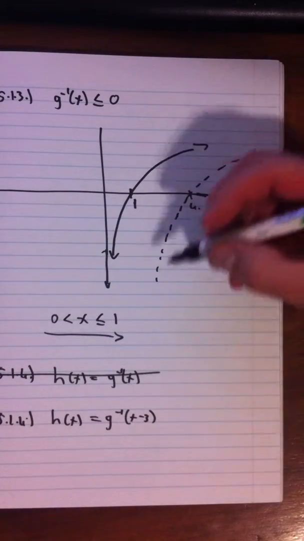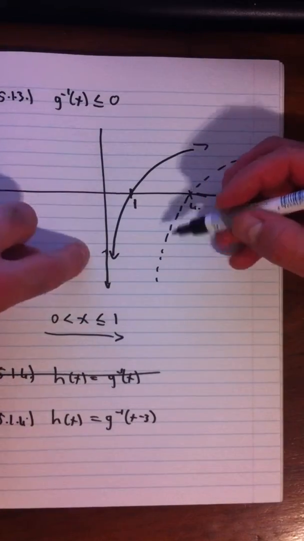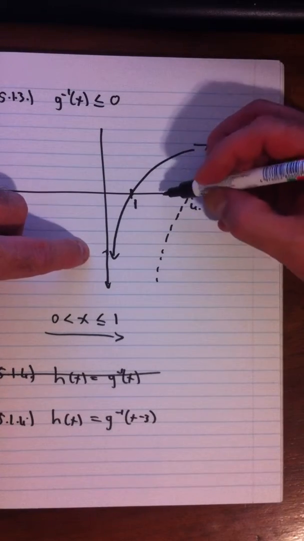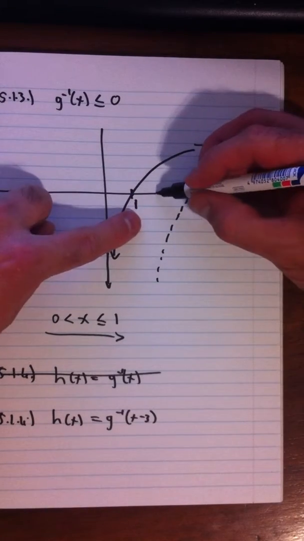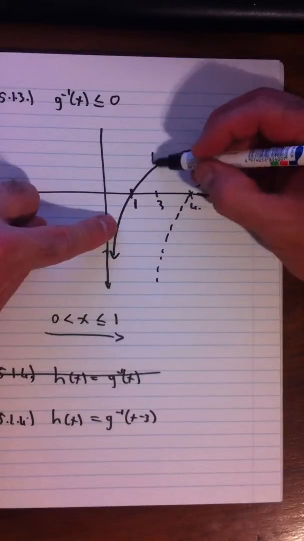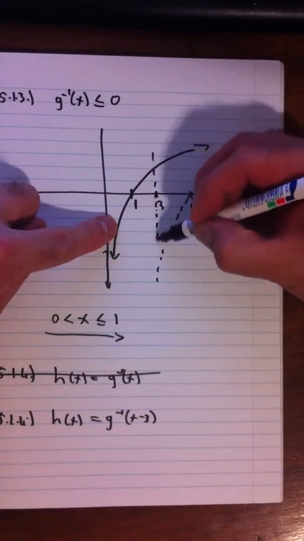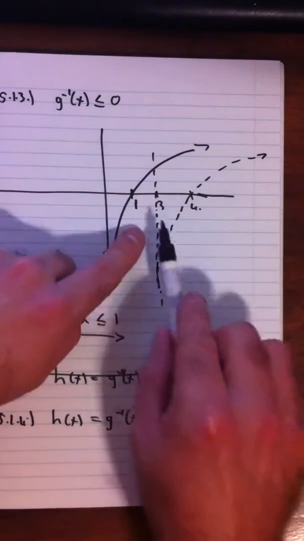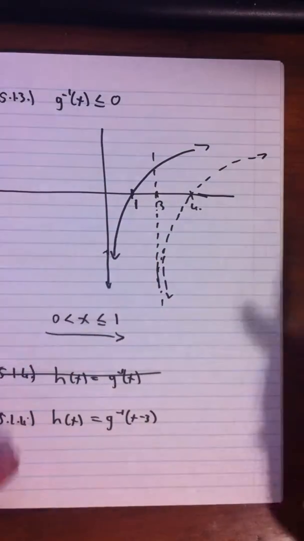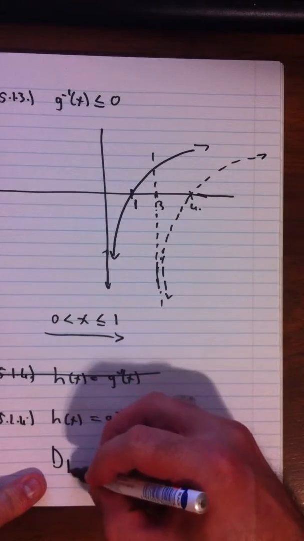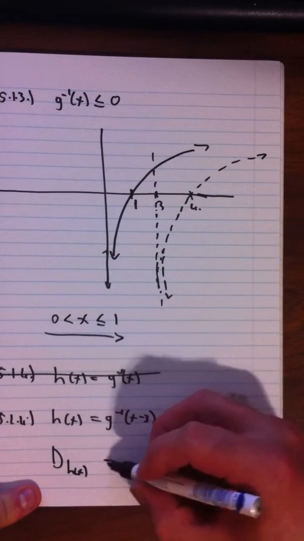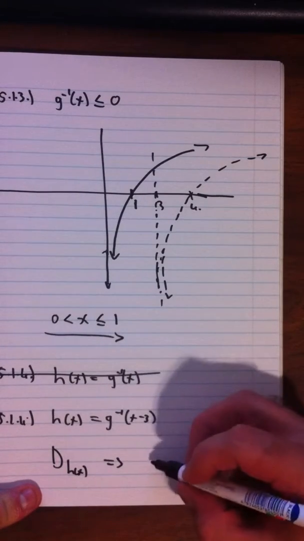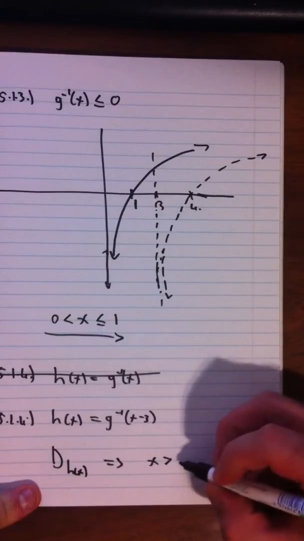So the domain now, even the asymptote here would shift 3 units to the right, from 0 to 3. So this is the asymptote of the new graph. So all values greater than 3 is now part of the domain. So the domain of h of x is x is greater than 3.